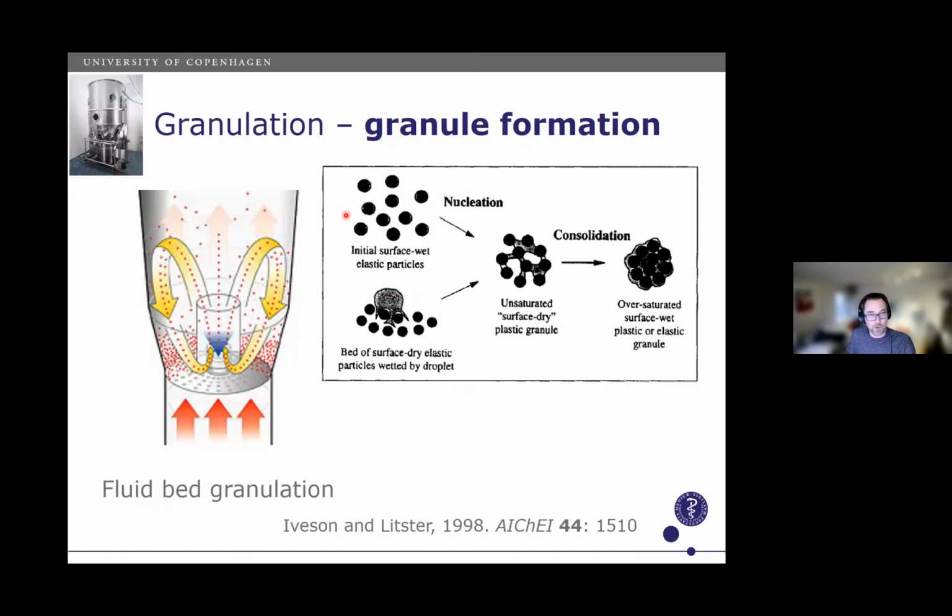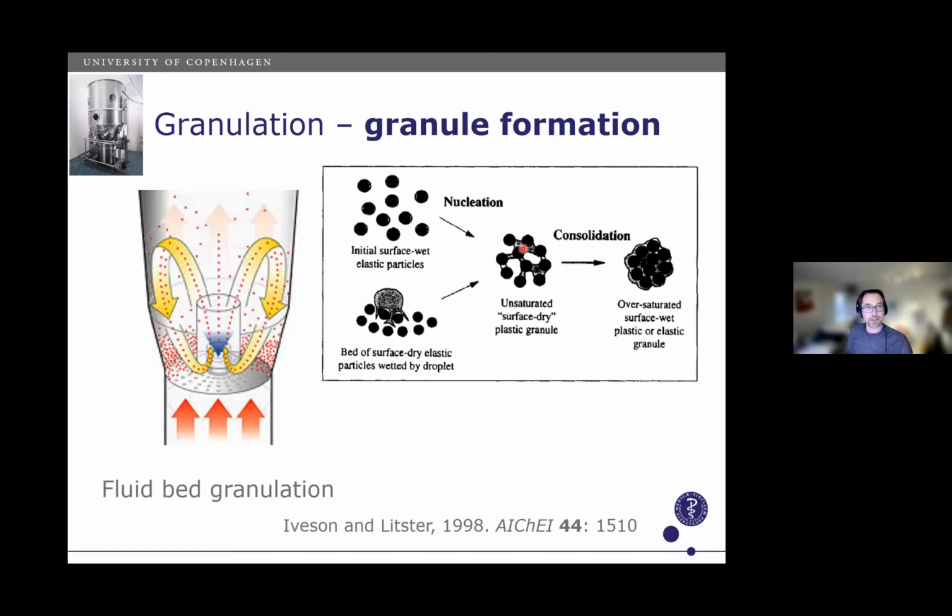We first have the dry starting material, and then by adding the granulation liquid, we start seeing the nucleation of the first granule particles, which then, with mechanical stress, consolidate into more condensed granules. And by controlling all these sub-processes, you can create even a mathematical model of your granulation.